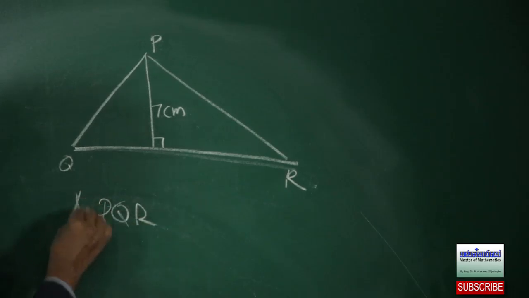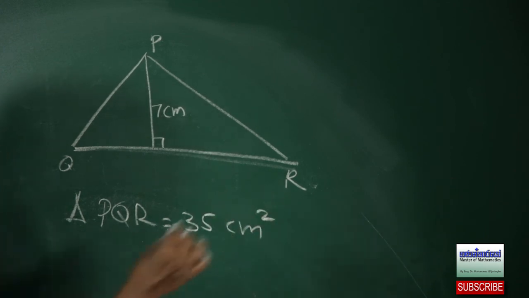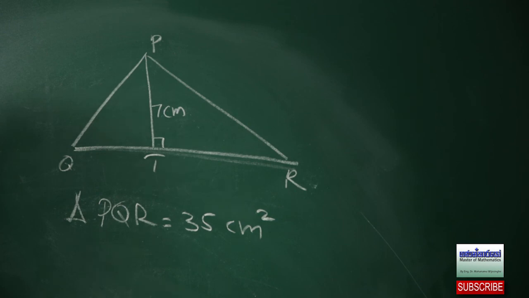Then PT equals 7 centimeter, find the value of QR.